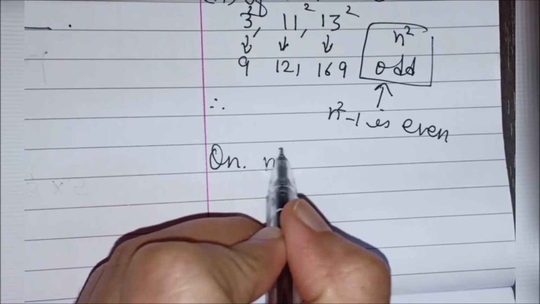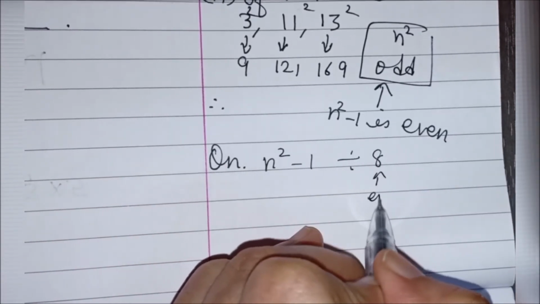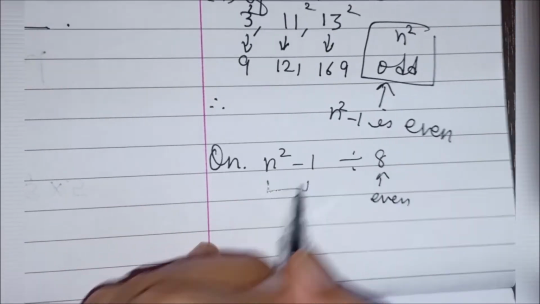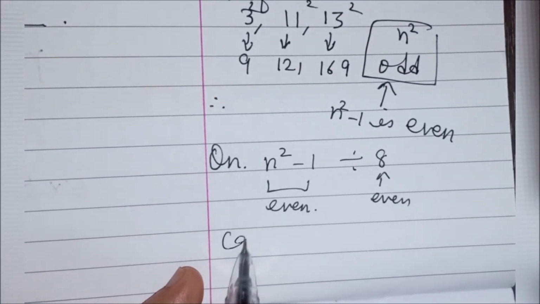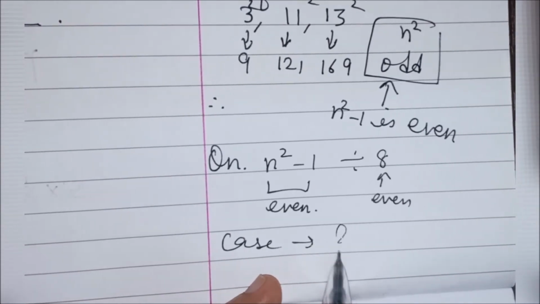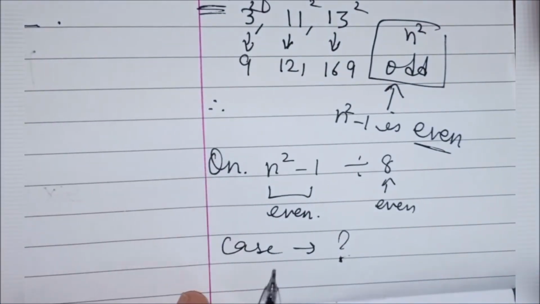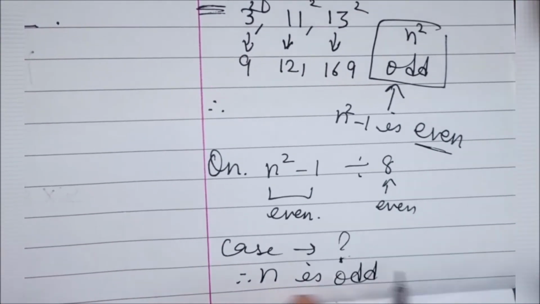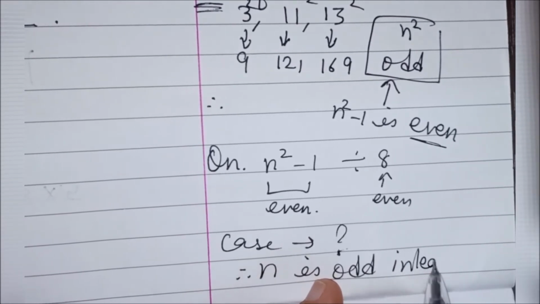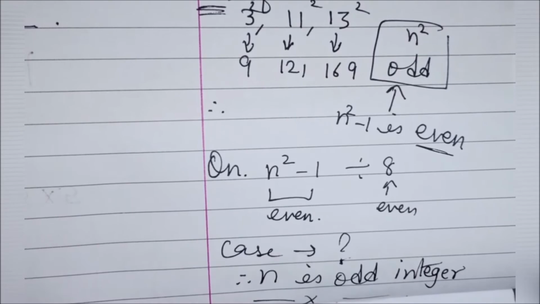So what do we get here? n square minus 1 has to be divisible by 8. Now 8 is an even number. So what can we say about n square minus 1? It must be an even number, because factors of even numbers are always even. In which case does this happen? It happens in the second case, that is when n is odd. So the answer is n has to be an odd integer.